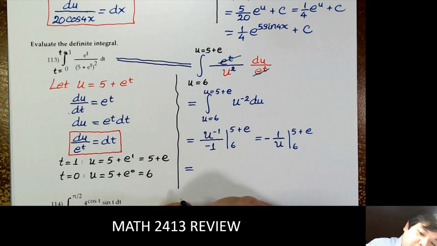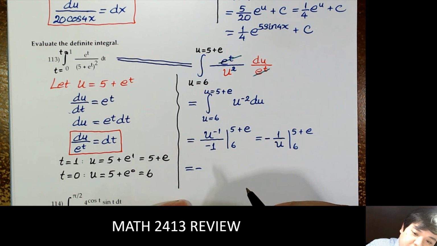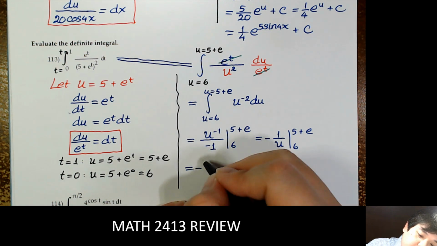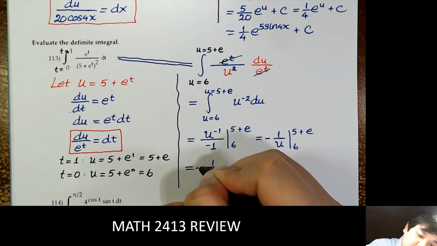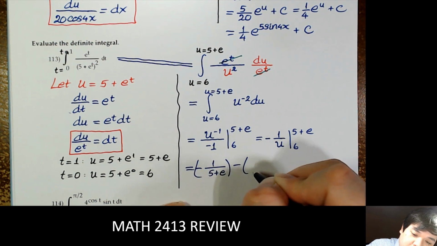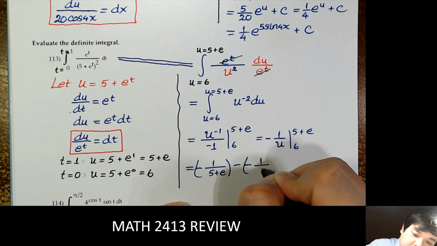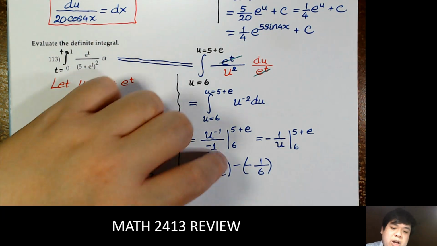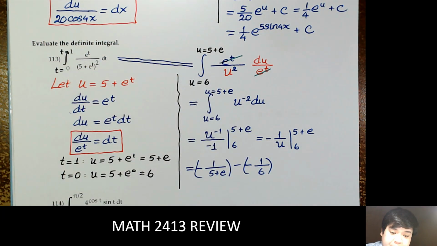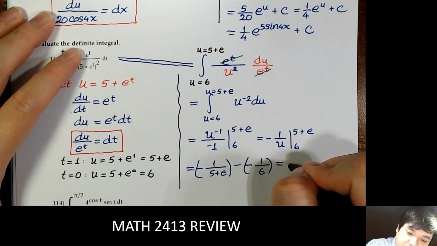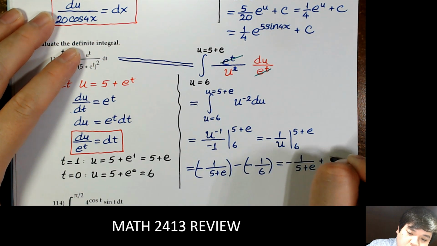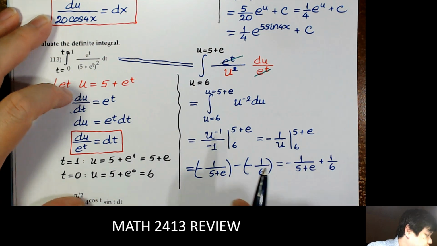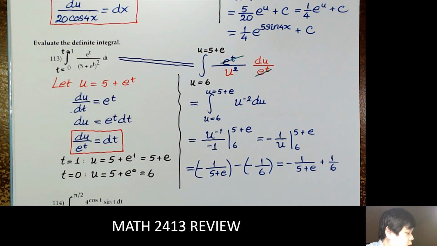So we will have negative 1 over 5 plus e, subtract negative 1 over 6. So negative negative becomes positive. So we have negative 1 over 5 plus e plus 1/6. Right, so that's what we have.